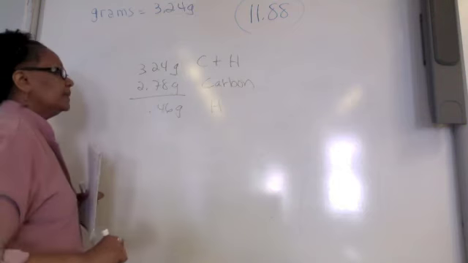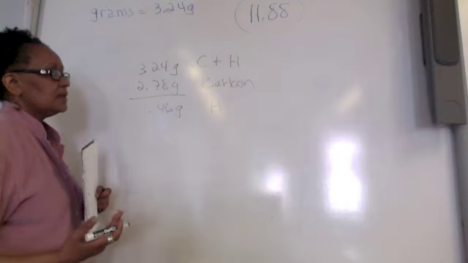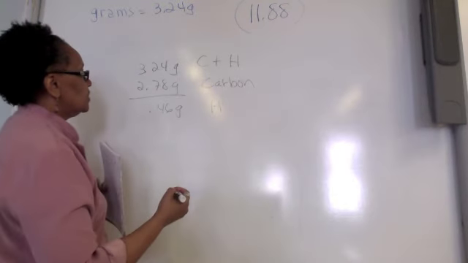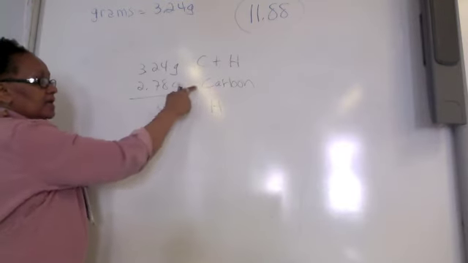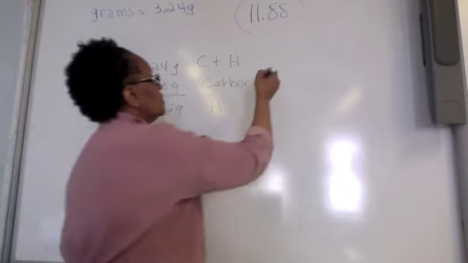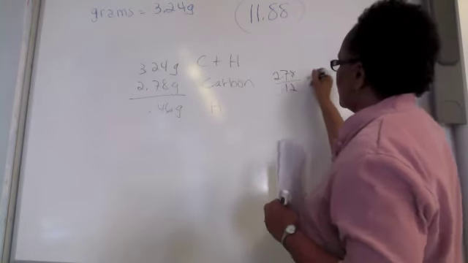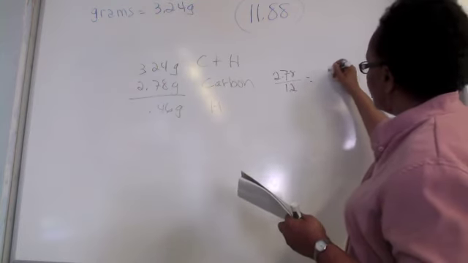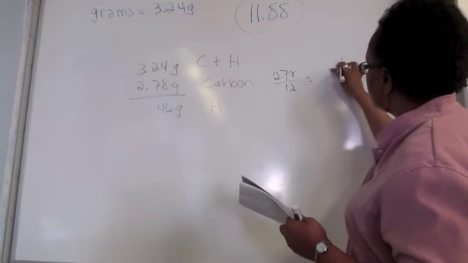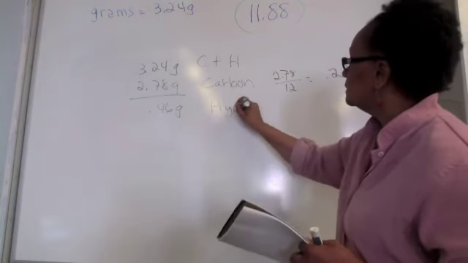So what's the formula? In getting the formula for empirical formulas like we did last time, or a few chapters ago, you must divide these by the molar mass of the elements to get the number of moles. So 2.78 divided by 12 is the number of moles of carbon, which is 0.232, and the moles of hydrogen, 0.46 divided by 1, is 0.46.